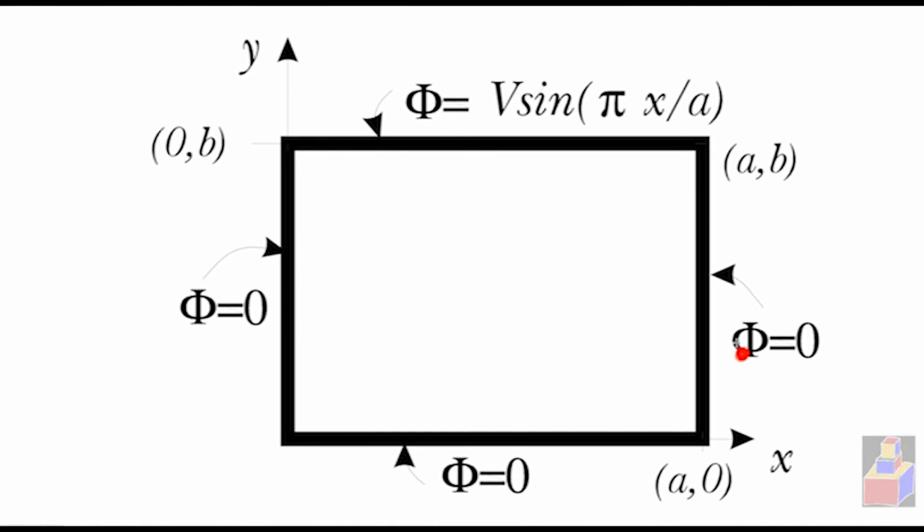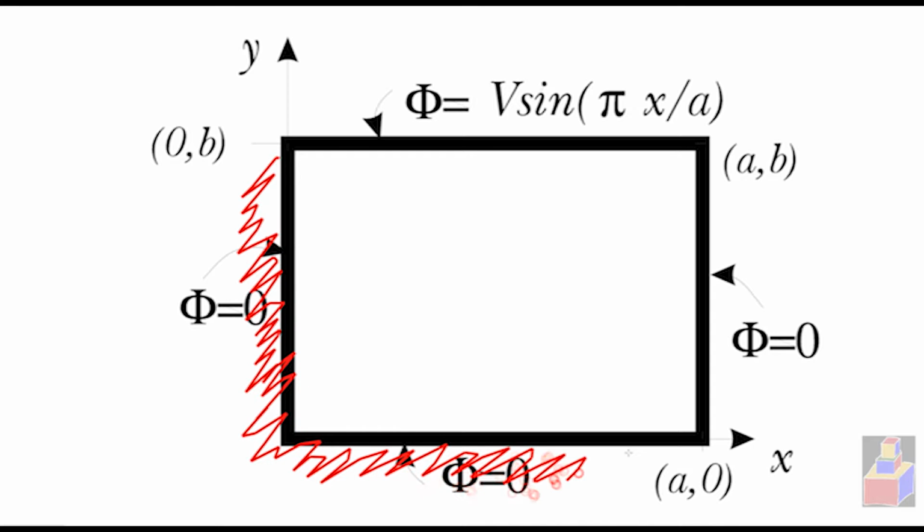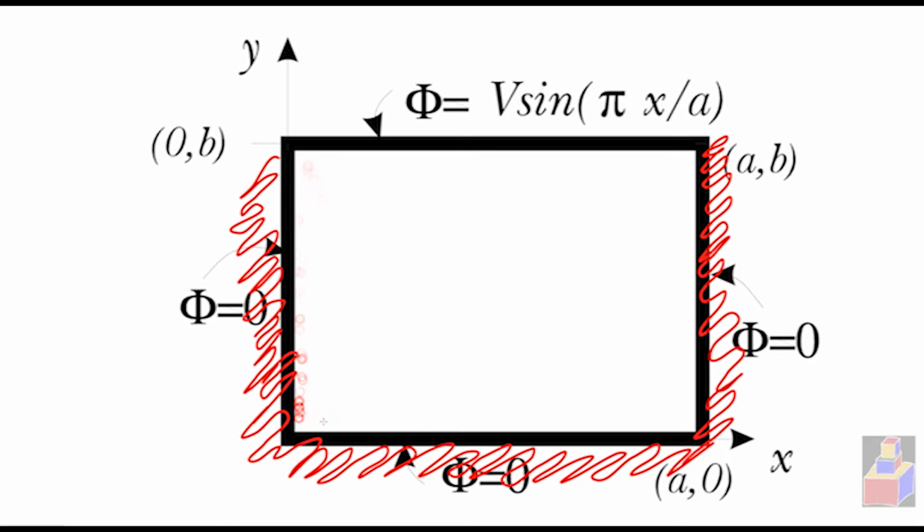So let's say that we have an earthed potential in this region here. So this is a zero potential, okay? This is like a conductor, like a U. So this boundary has zero potential, as shown.